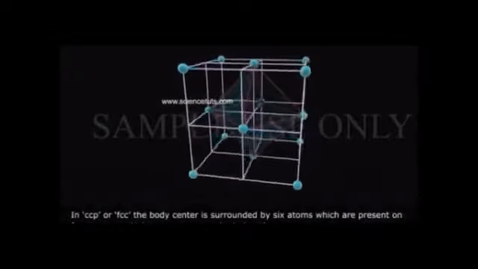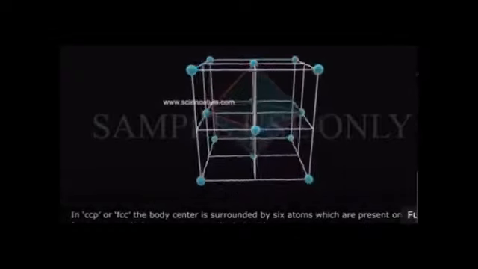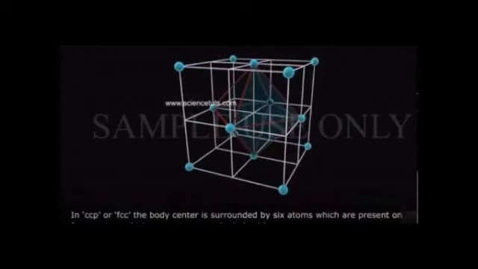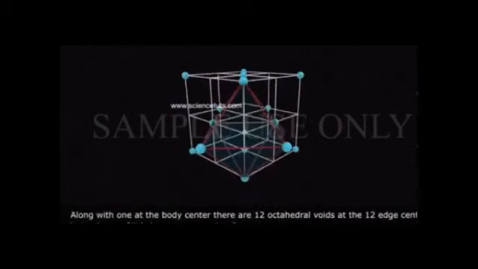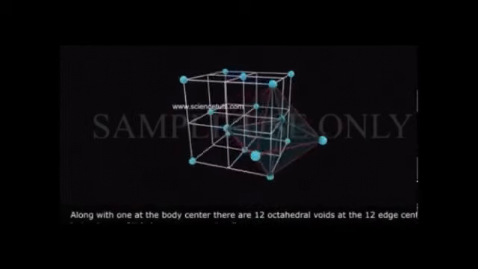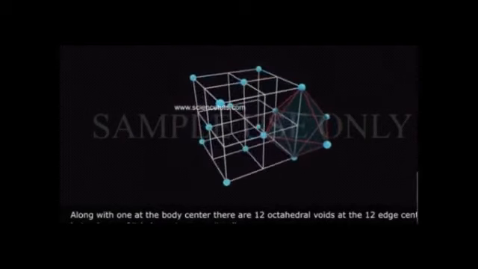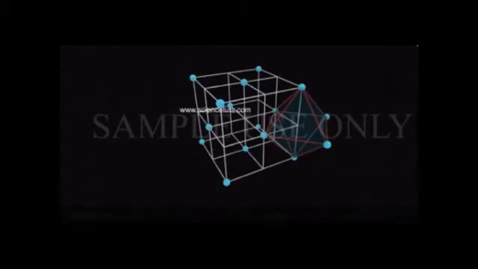Calculating number of octahedral voids. In CCP or FCC, the body center is surrounded by 6 atoms which are present on face centers which generate an octahedral void. Along with 1 at the body center, there are 12 octahedral voids at the 12 edge centers, but only 1/4 of it belongs to 1 unit cell.